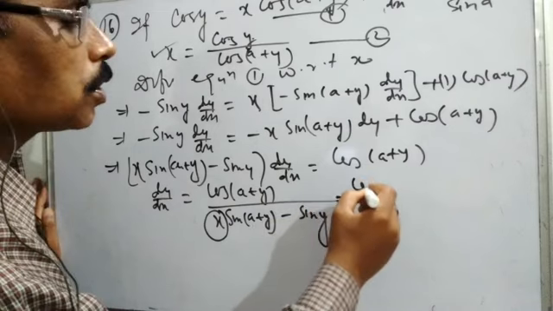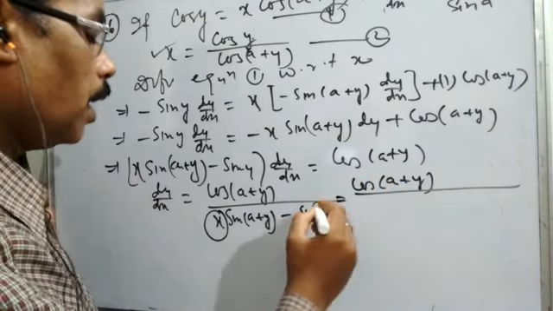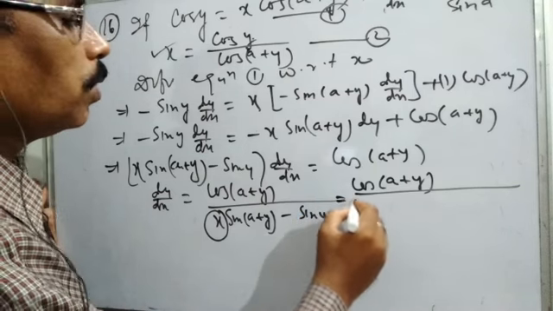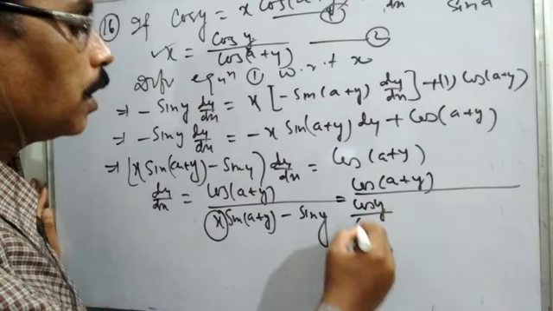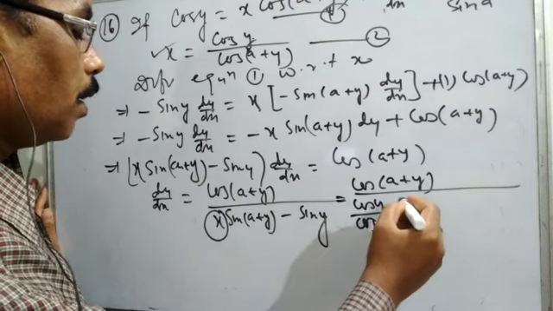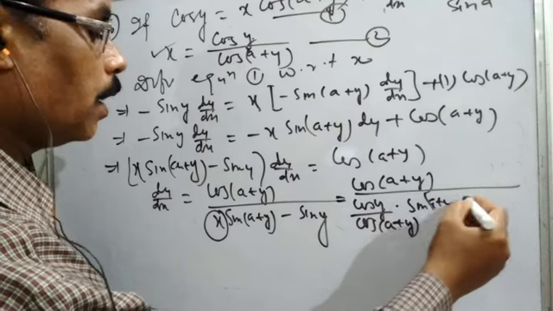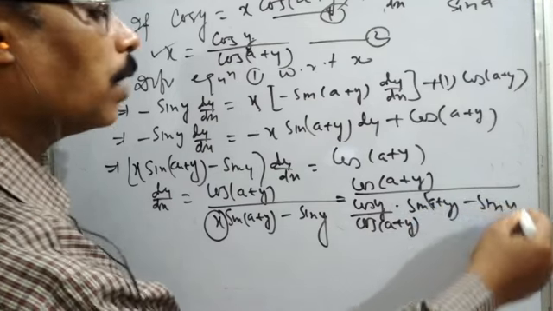So it will be cos(a plus y) divided by, you have to put here cos y by cos(a plus y) into sin(a plus y) minus sin y.